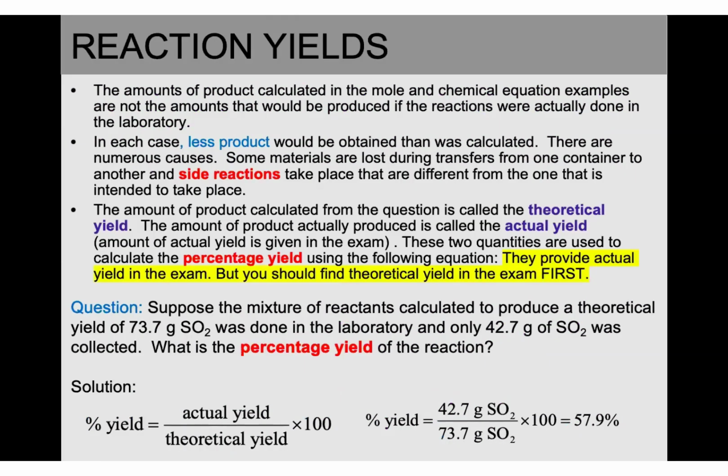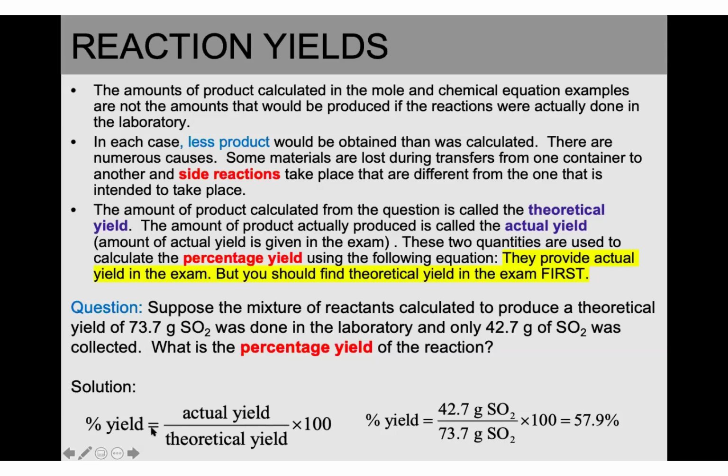So what about, guys, percent yield? You might have heard of percent yield in your life. Percent yield is the actual yield over theoretical yield. We already know what the theoretical yield is, right?